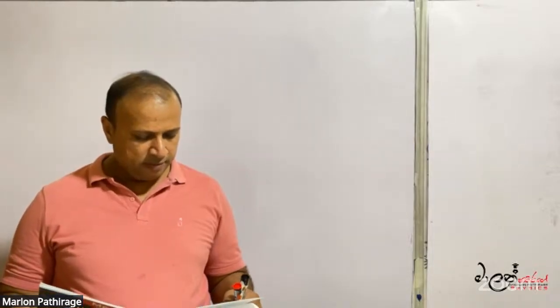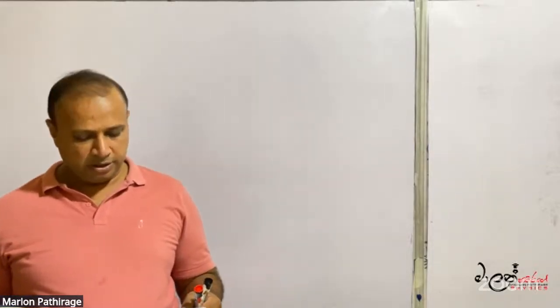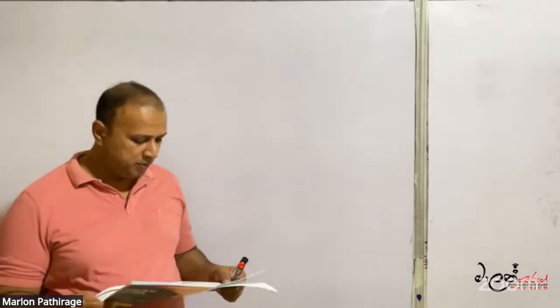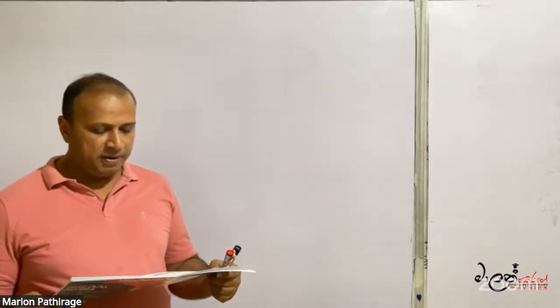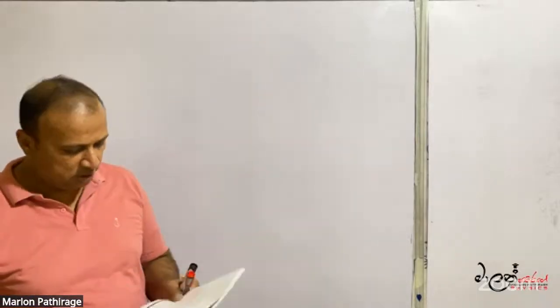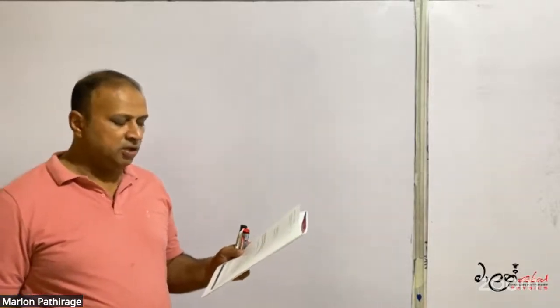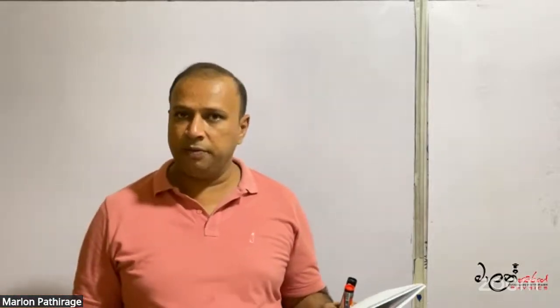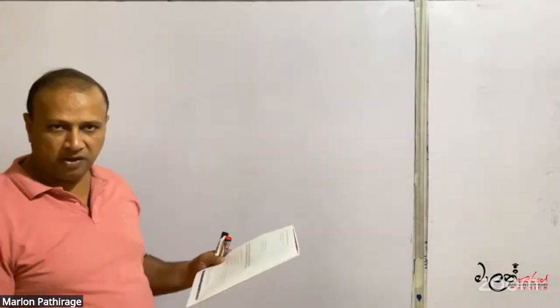Questions on principle of vector addition, vector triangle principle, and vector parallelogram theorem. The first question: find the resultant vector using R squared is equal to P squared plus Q squared plus 2PQ cos theta.